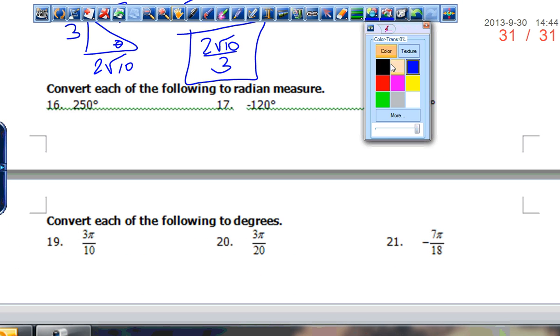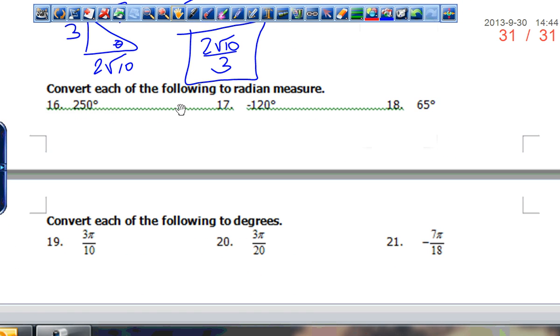The next 2 sections are pretty much the same thing. We're going one way or we're going the other way. For degrees to radians, I multiply by pi over 180, and then I'm literally just reducing. So for 18, for example, you get 65 pi over 180. That is not acceptable.